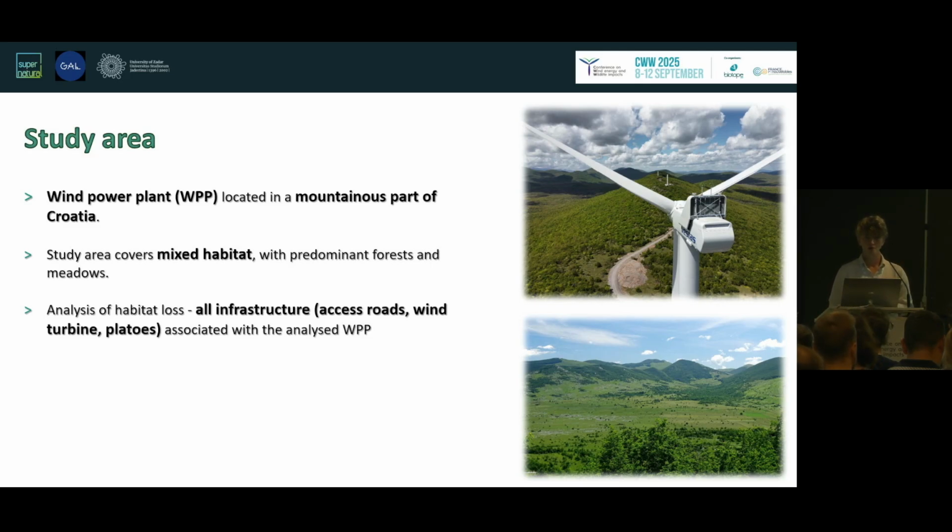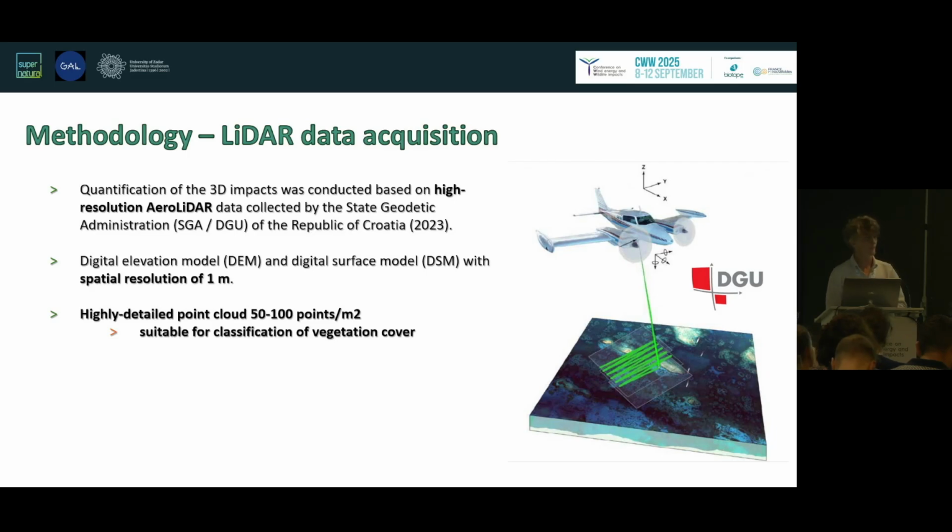From my perspective, it was not the right place to build a wind farm, and we wanted to do something about it and try to develop a methodology to properly assess that in advance, not afterwards when we see that the damage is already done. The study area is mixed habitat, and we wanted to take into account all the infrastructure like access roads, the wind turbines themselves, the plateaus, and all the other parts of the wind farm.